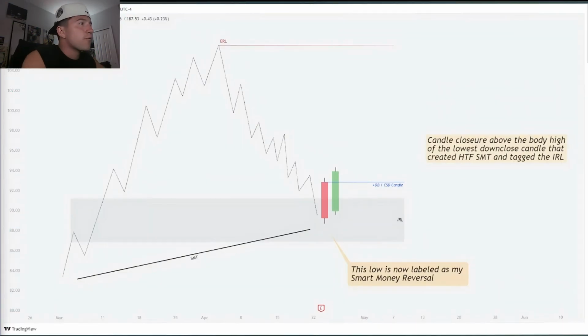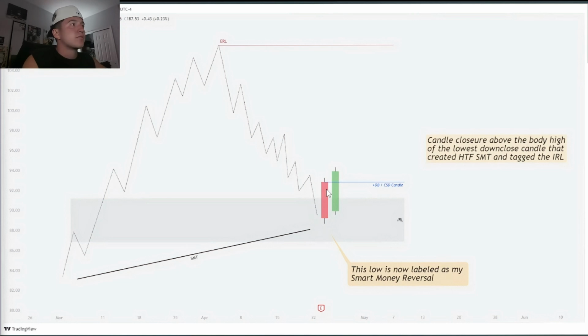So what our confirmation would be is a candle closing above the body high of that lowest down close candle that created the higher time frame SMT and tagged that gap. So this would be our last down close candle, and then what we would wait for is either the next candle or whatever candle it takes to then close above that body high, which would confirm an order block and a change in state of delivery.